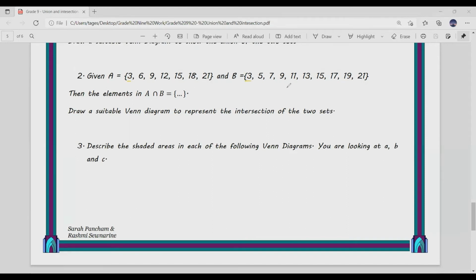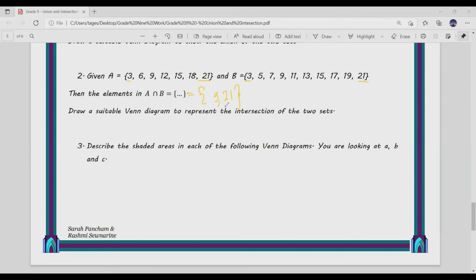What else? 15, no. 11, no. 17, no. 19, no. And we have 21. So A intersect B is 3 and 21.